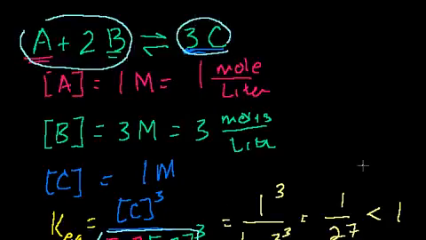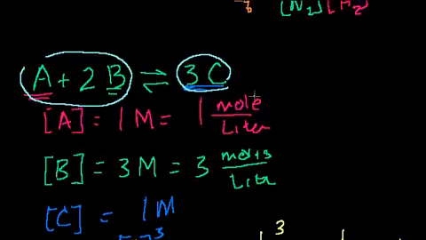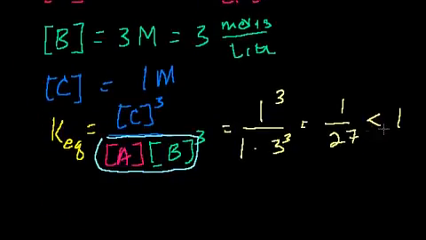And because we're left with a lot more of that, our equilibrium constant is less than 1, which means that the reaction favors the backward direction. Because there's more of this, the right to left reaction must be happening more than the left to right reaction. And that causes the equilibrium constant to be less than 1.